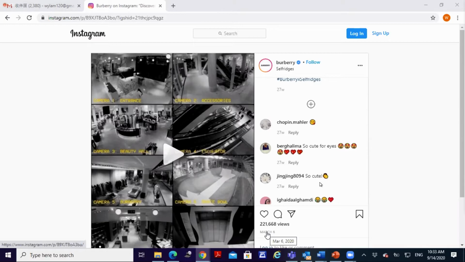3月份嗰時 Boris Johnson 都中招,啲百貨公司真係好慘。This is one of the high-end department stores in London called Selfridges, located in Oxford Street.